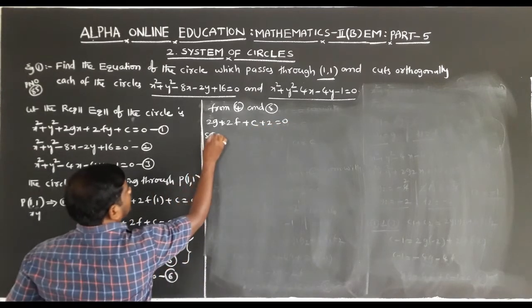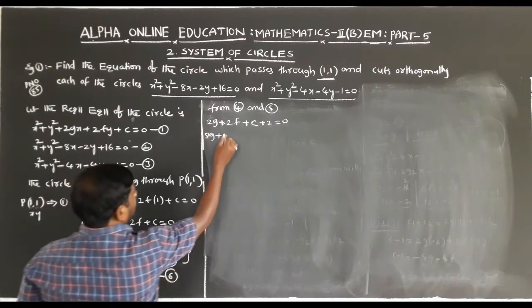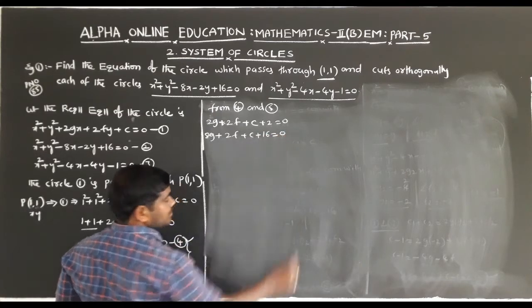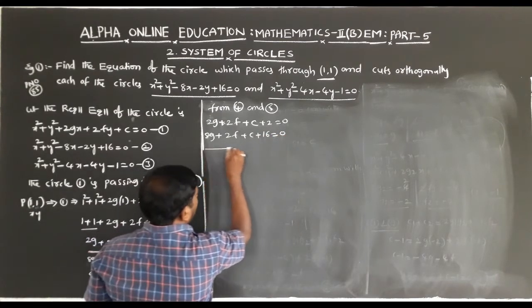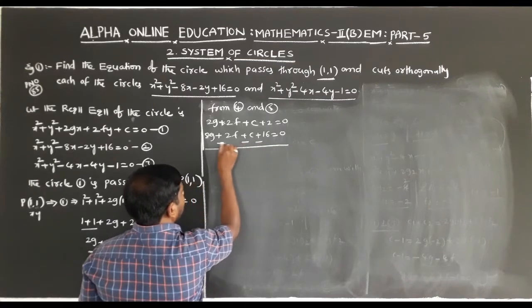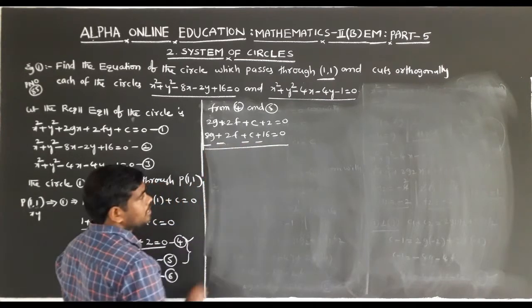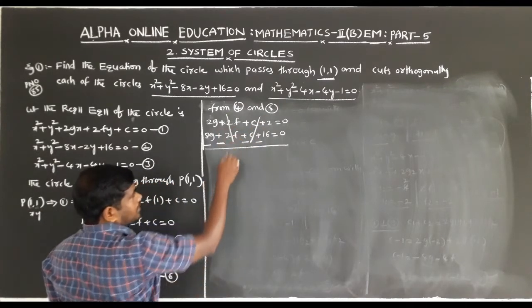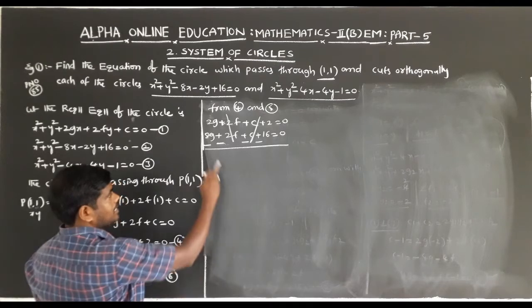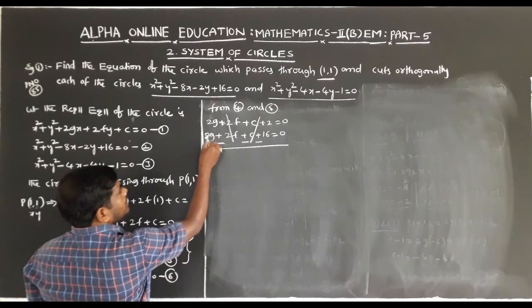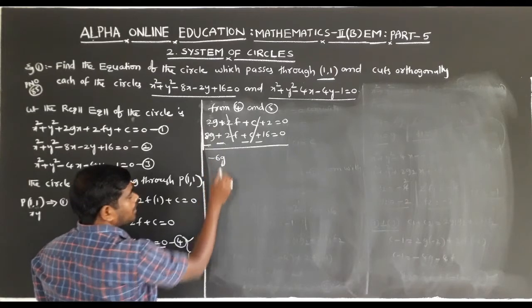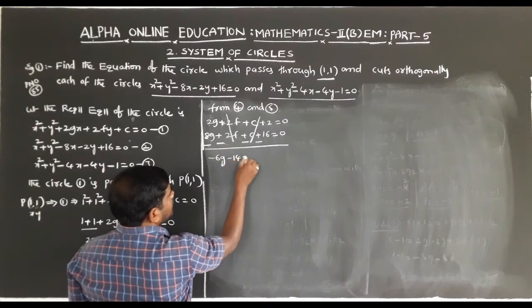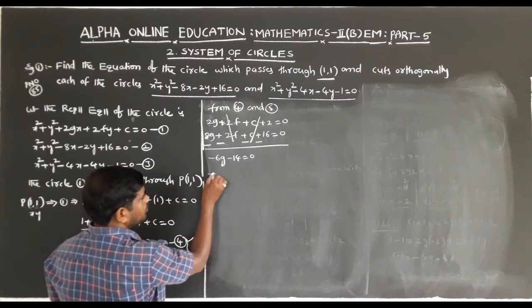Fifth one: 8g plus 2f plus c plus 16 is equal to 0. Subtracting, c minus c gets cancelled, and 2f minus 2f gets cancelled. Minus 8g plus 2g is minus 6g, minus 16 plus 2 is minus 14, is equal to 0.